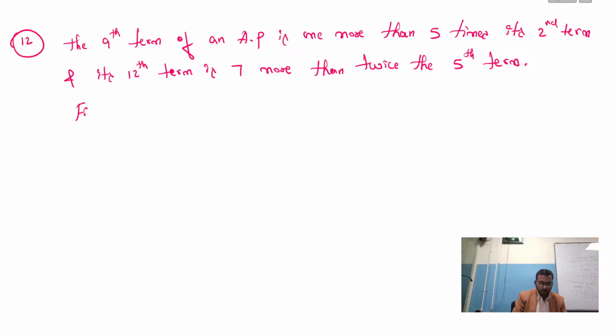Find the arithmetic progression. You can try this problem.